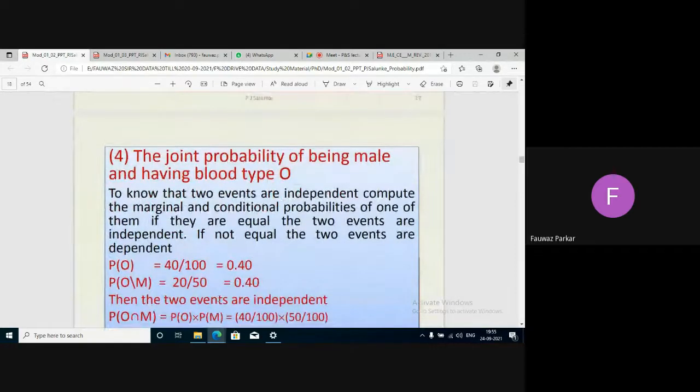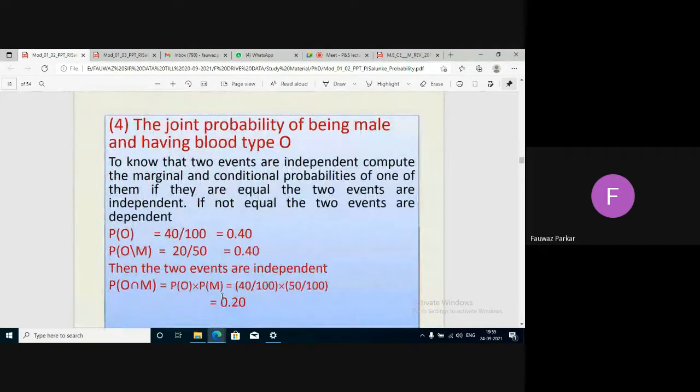So joint probability means what? Joint probability means both conditions should be satisfied. So the probability of being male and having blood type O: first, O is 0.4, and male and O, out of the total males, 50.